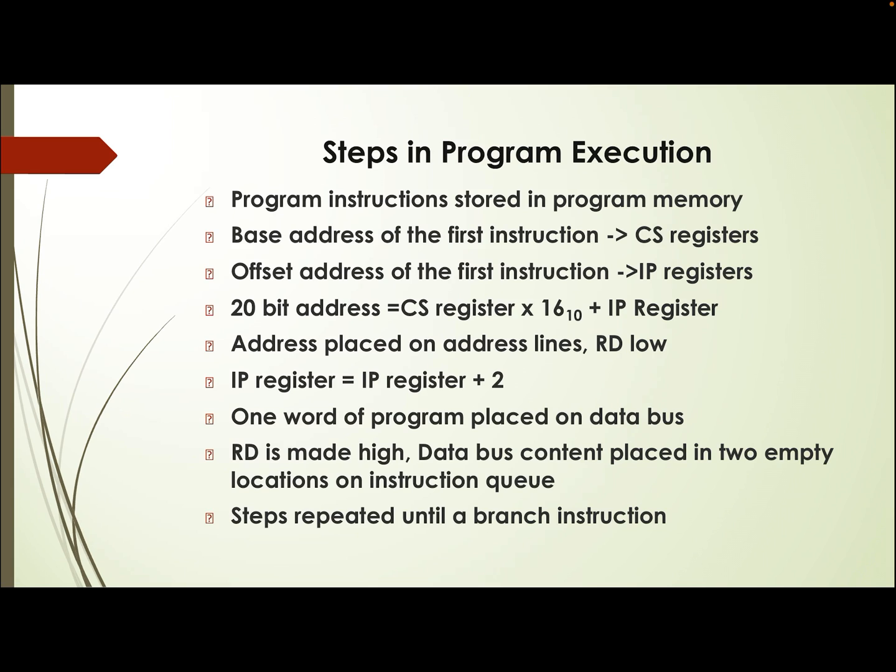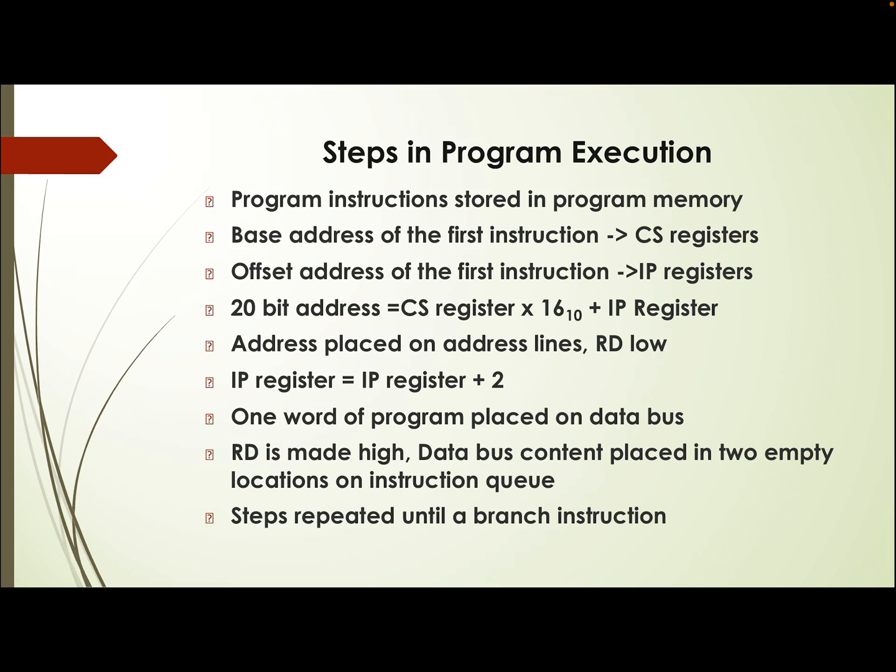After that, one word of the program is placed on the data bus, the RD read signal is made high, and the data bus content is placed in the 2 empty locations of the instruction queue. As we have seen in the internal architecture of 8086, there is an instruction queue in the execution unit, and the instructions are placed one by one in FIFO manner to be taken by the execution unit.